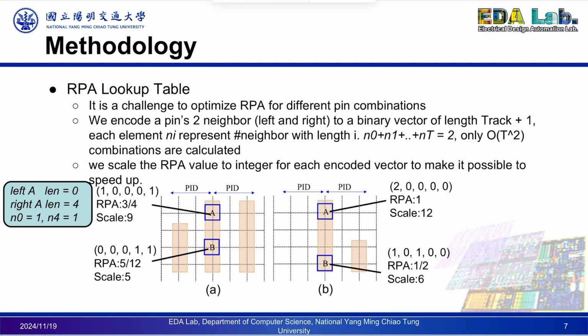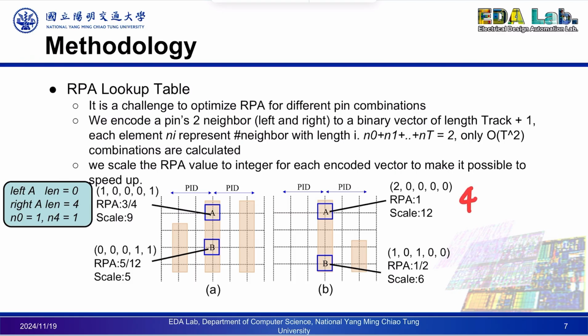We already know how to compute the RPA for this situation, right? So we can store this value in the lookup table. But instead of storing the floating point, we scale it to an integer, which makes it possible to optimize in integer mode and speed up.